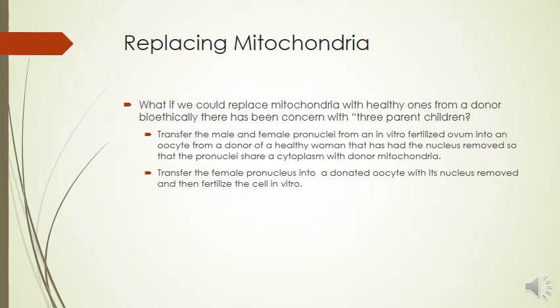So what if we could replace the mitochondria with healthy ones from a donor? Bioethically, there have been concerns because this would mean that there were three parents involved in the production of one child.